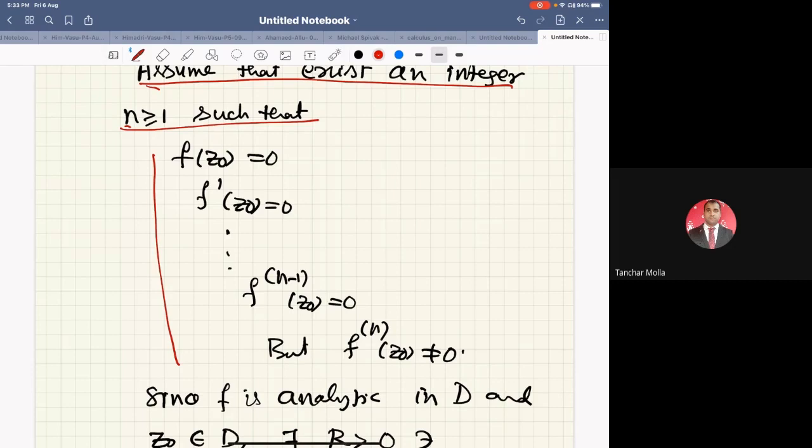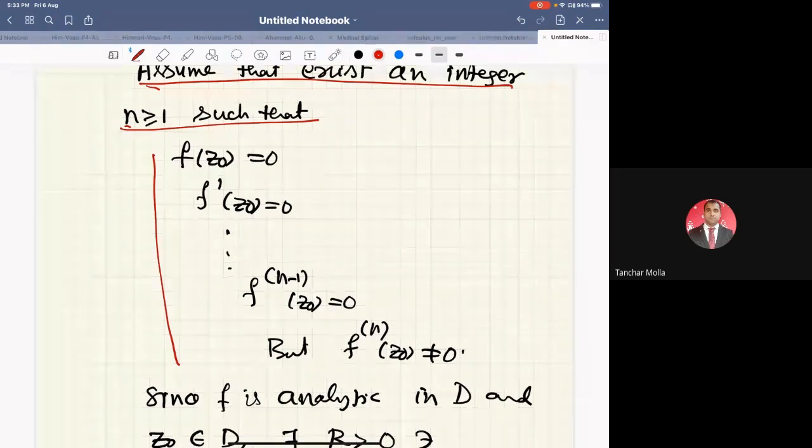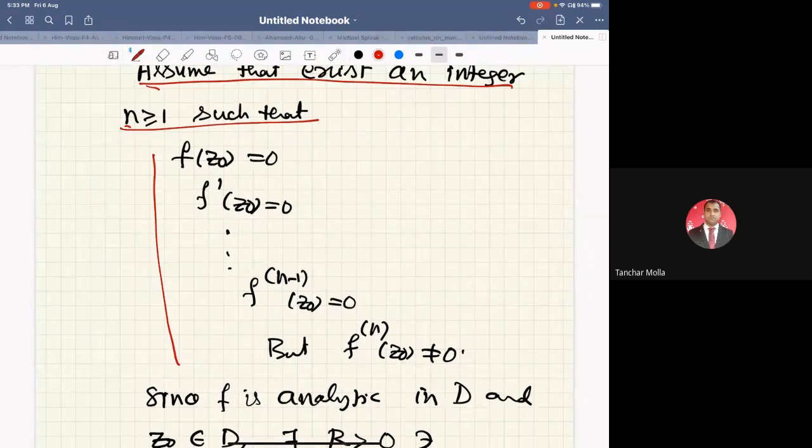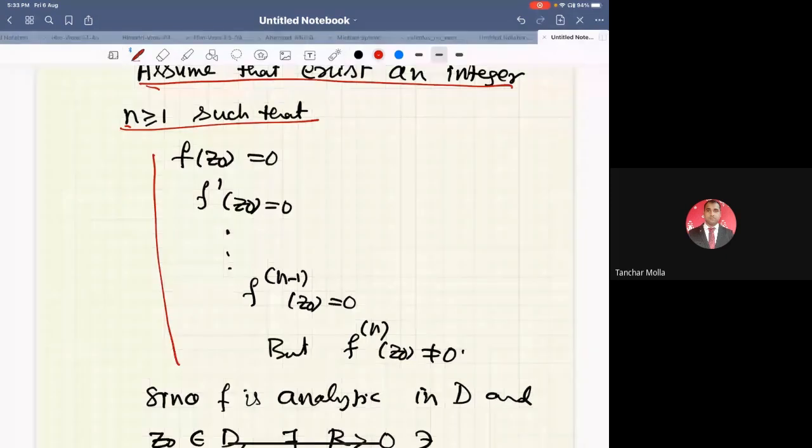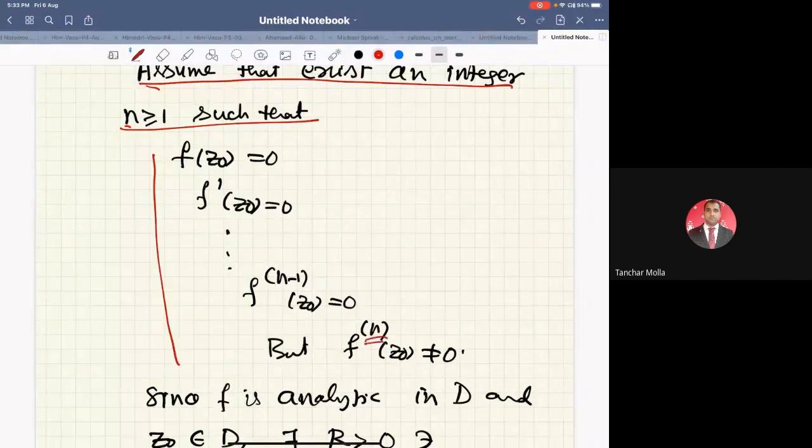Therefore, no such n exists such that f of z naught equals 0, f dash of z naught equals 0, f to the n minus 1 of z naught equals to 0 and f to the n of z naught is not equals to 0. Such n does not exist.